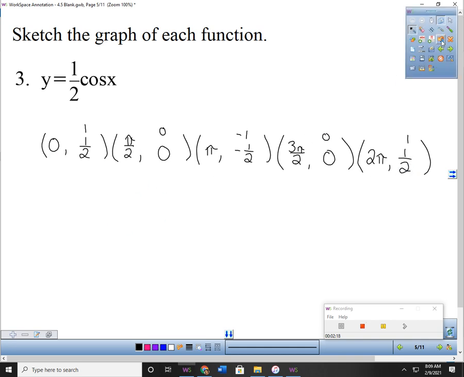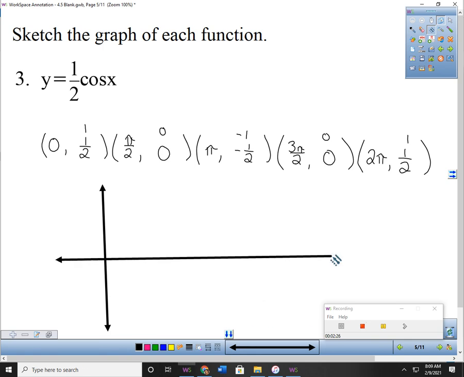So when I draw my graph, I've got pi over 2, pi, 3 pi over 2, and 2 pi.